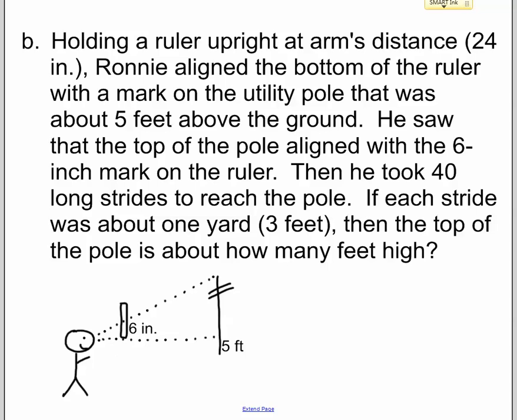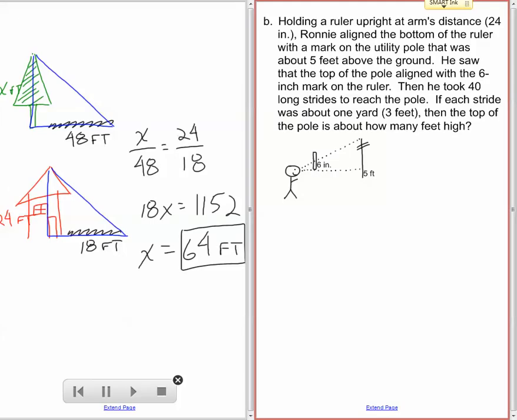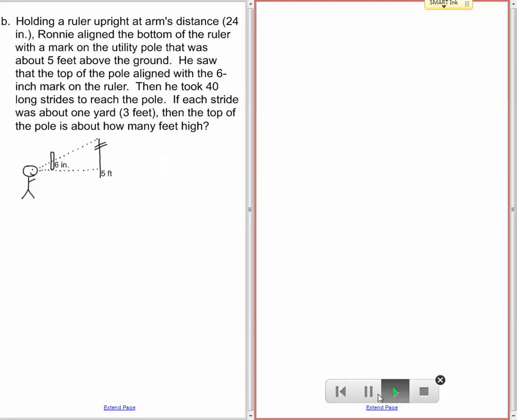So what do we have going here? What we've got is similar triangles again. We've got a similar triangle created by the distance he's holding the ruler from himself, 24 inches, with the height of the ruler, 6 inches.